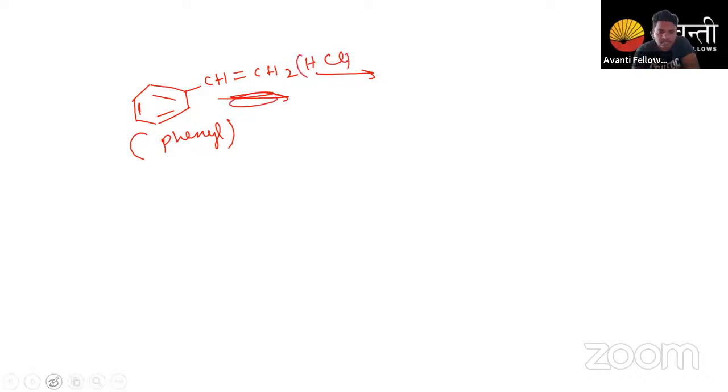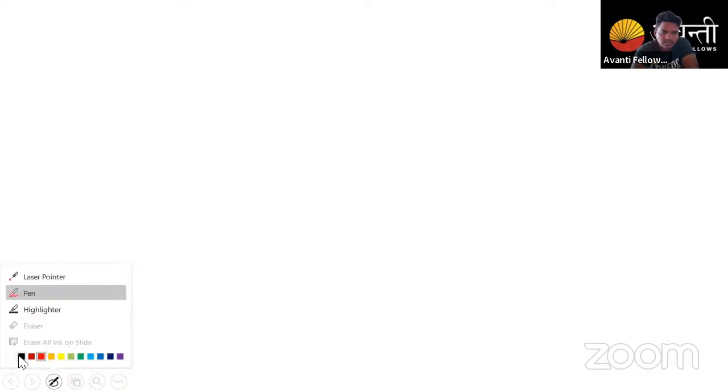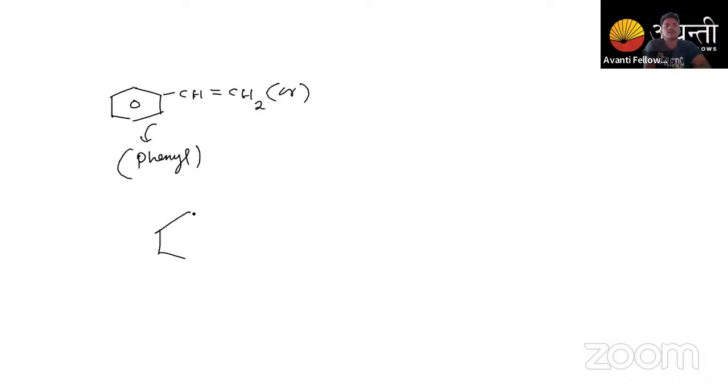Let me erase it and do it properly. So this is benzene, CH double bond CH2, and this will become the phenyl group. If you are having benzene and you are having HBr, like this you are asking, or like this.